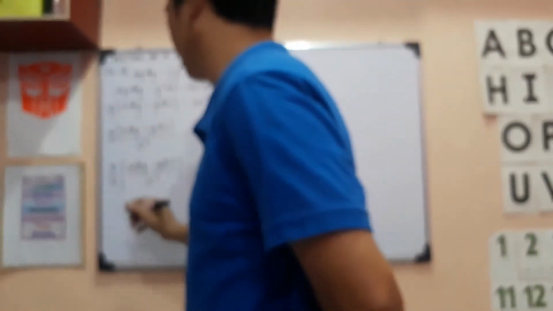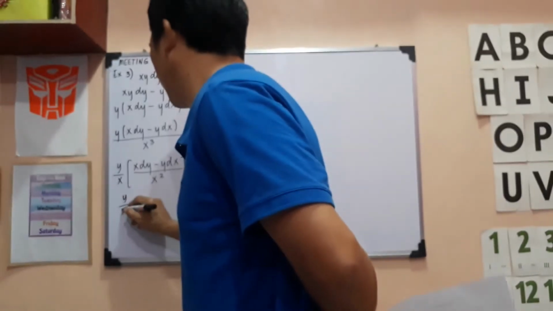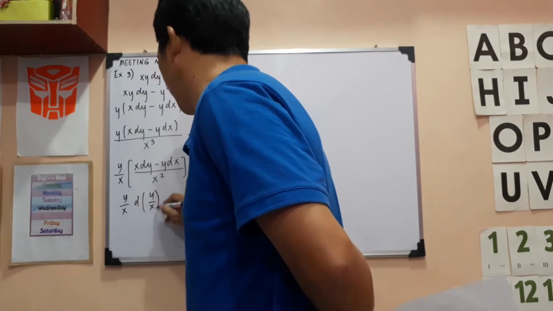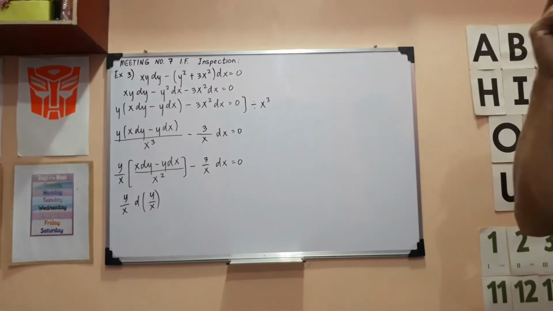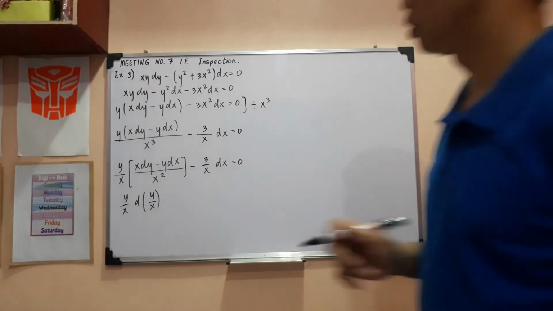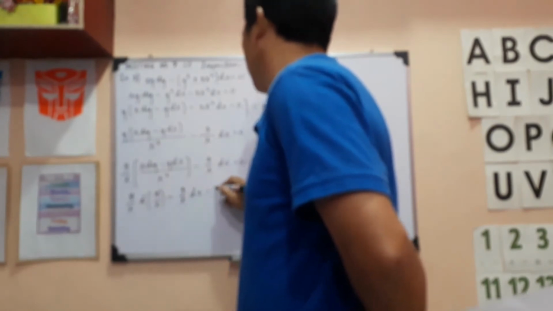Ibig sabihin nito, pag integrate natin ito, this is y over x and then the derivative of y over x, di ba? Or, ito na mismo yung u natin, na y over x. Okay? Is u squared over 2. Minus 3 over x dx is equal to 0.